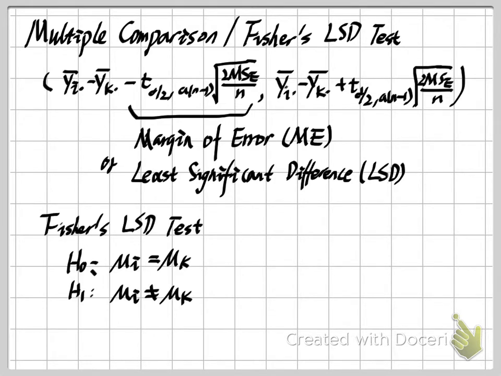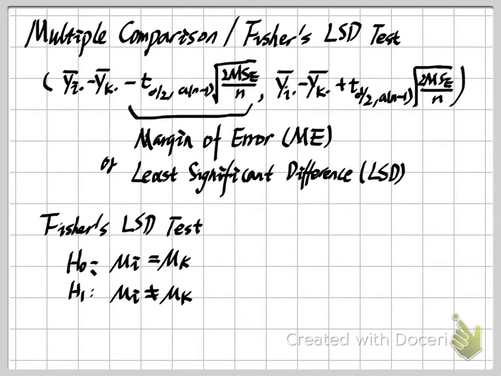For Fisher's LSD test, the null hypothesis assumes mu i equal mu k, and the alternative hypothesis is a two-sided test, so we have an inequality for our H1.